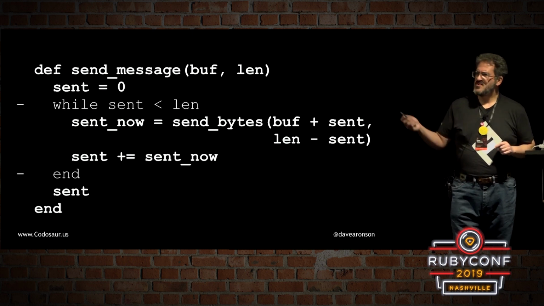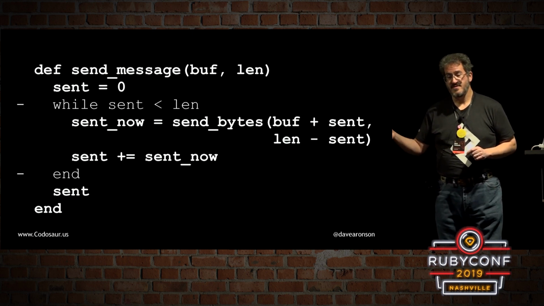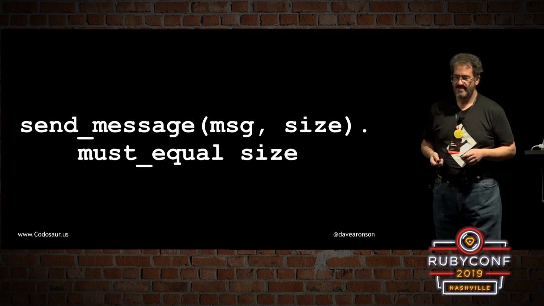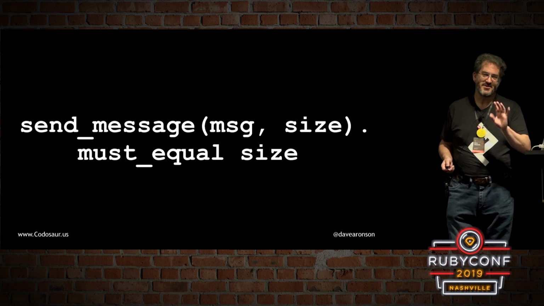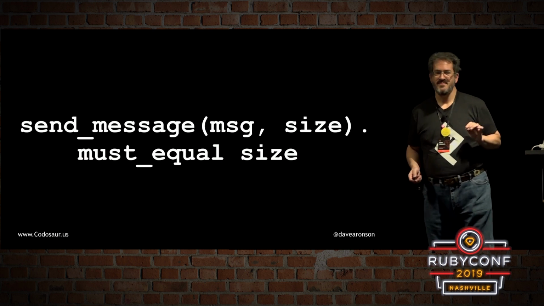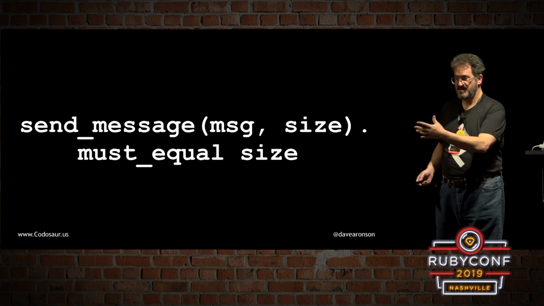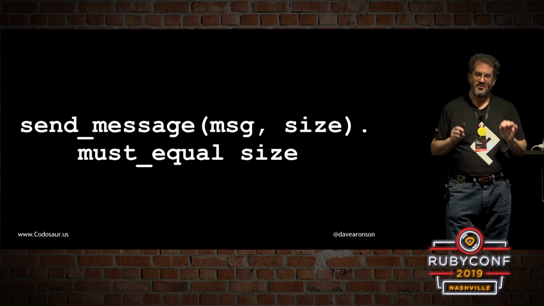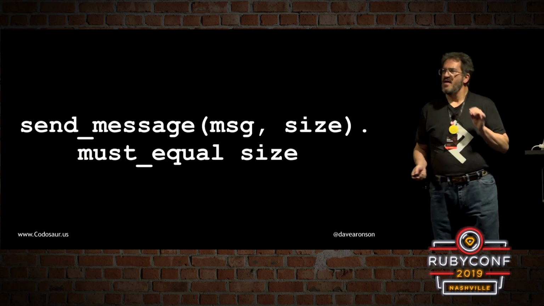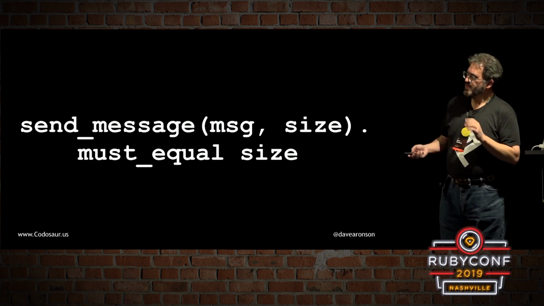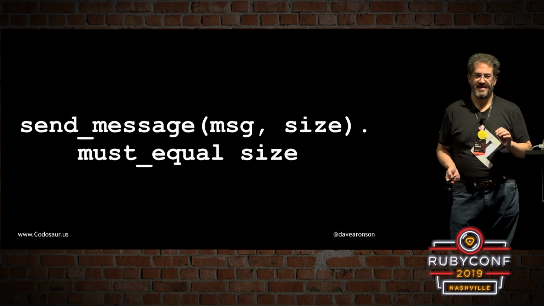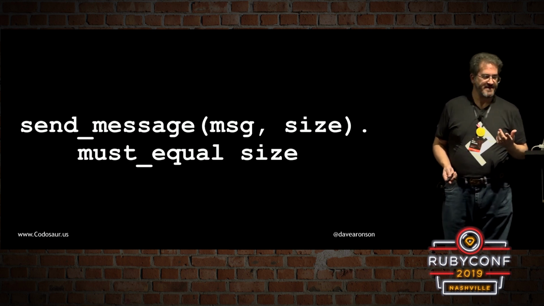Now, suppose that this mutant does indeed survive our test suite, which consists mainly of this. Now, there's a little more to it that I'm not going to show quite yet, mainly setting the size and constructing the message. But even without seeing those parts, there is something that the survival of the non-looping mutant is trying to tell us.